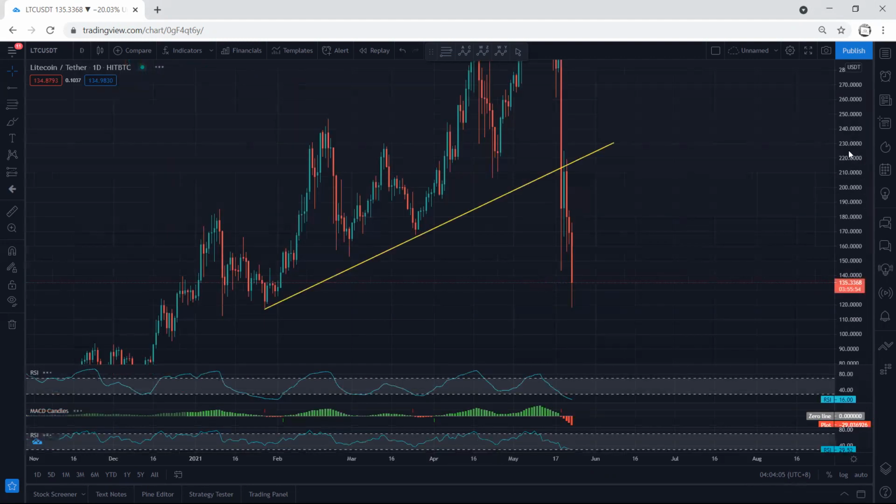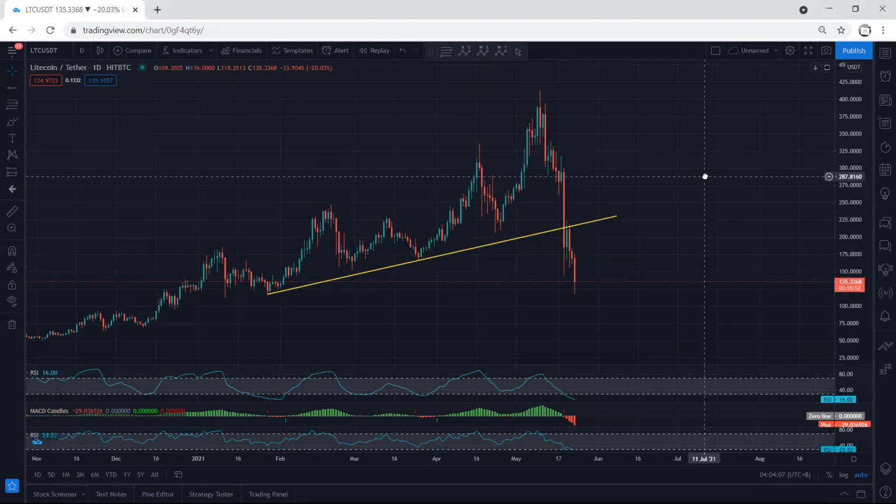Anyway, if we move to the daily chart, as we can see, the price dropped. This is the lowest price, which is around 118. And if we refer to this correction, almost the lowest price of this correction is this one.